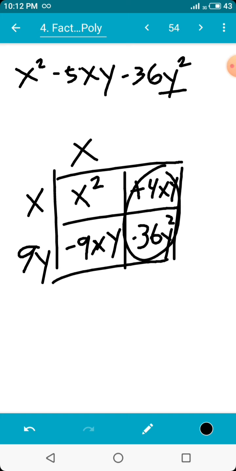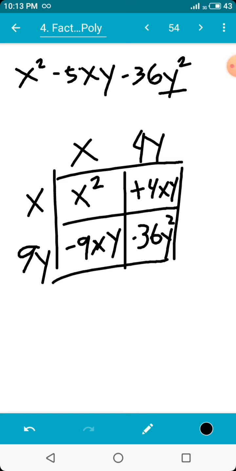And then, ang GCF ng 4xy tsaka 36y squared ay 4y. Okay? Kasi 'di ba yung 4 tsaka 36, GCF nila ay 4. Yung xy tsaka y squared, so wala naman silang pares na x, and then meron silang pares na y. Okay? So, titingnan na lang natin kung ano yung magiging sign ni 4y at saka ni 9y.